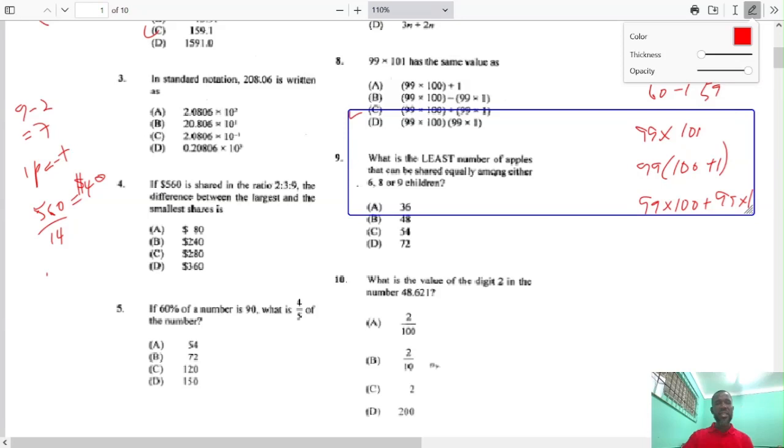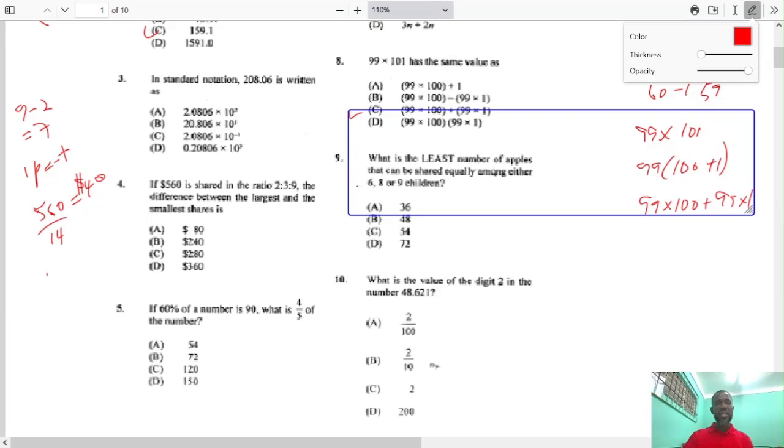Now, number 9 says, what is the least number of apples that can be shared equally among either 6, 8, or 9 children? So in this question, we want to find a common multiple. If you look at A, 6 and 9 can both go into 36, but 8 can't go into 36.